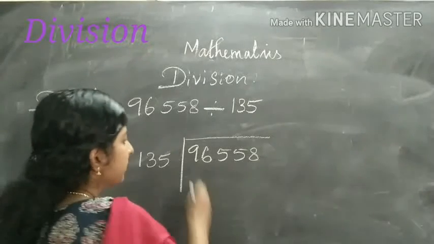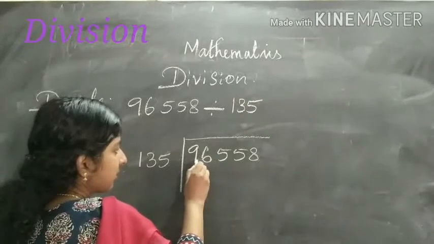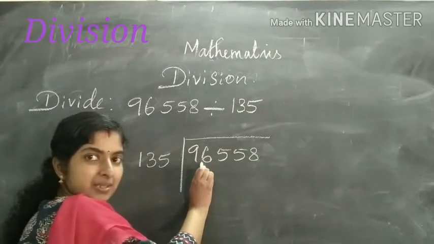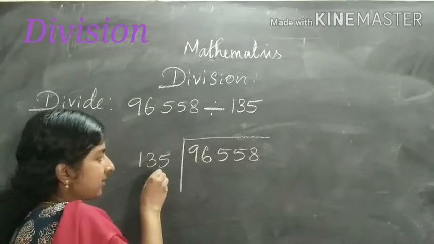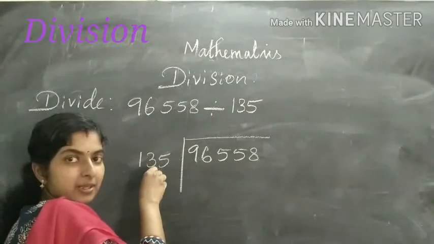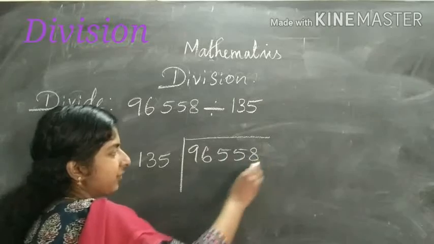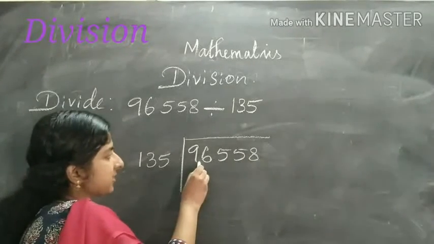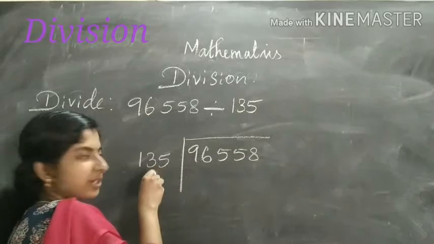Here, first you take this first digit. First digit is smaller than this divisor. Here, this is the dividend. This one is the divisor. The first digit is smaller than this divisor.